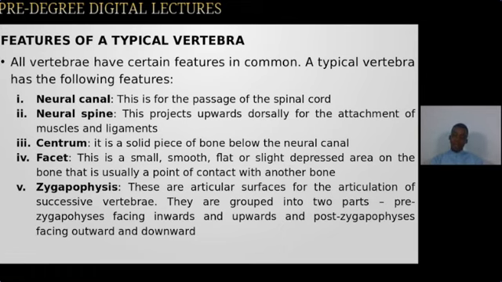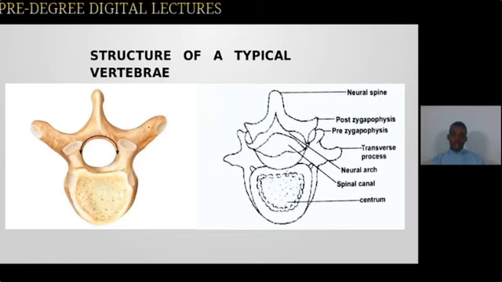And then it's supposed to have articular surfaces for the articulation of successive vertebrae, and these are generally known as zygapophyses. So we have 2 of those, the pre-zygapophyses and the post-zygapophyses. The structure here shows a typical vertebra with all the features that we have described.